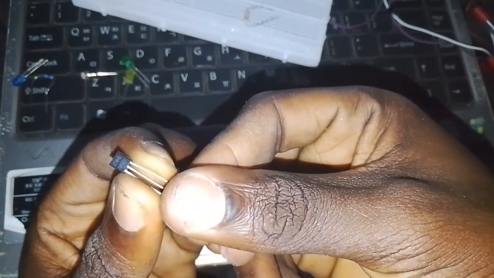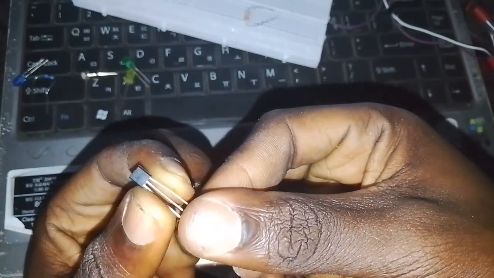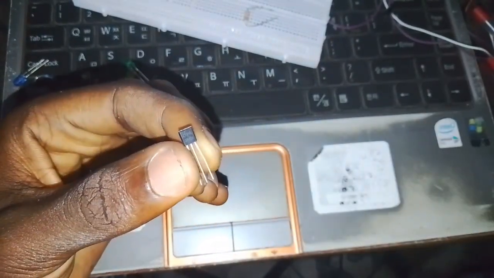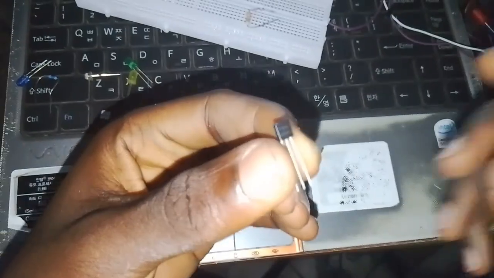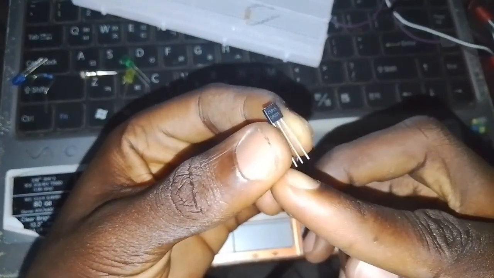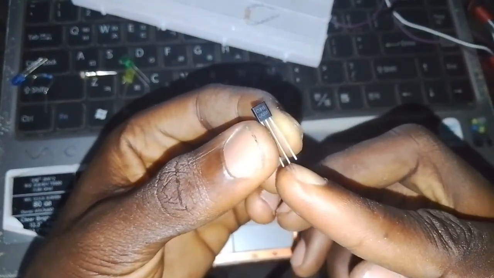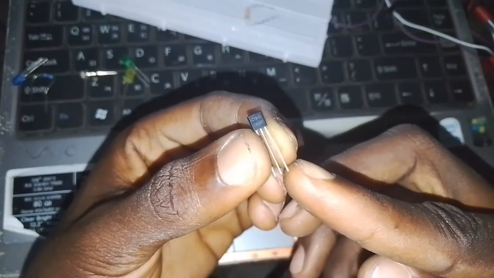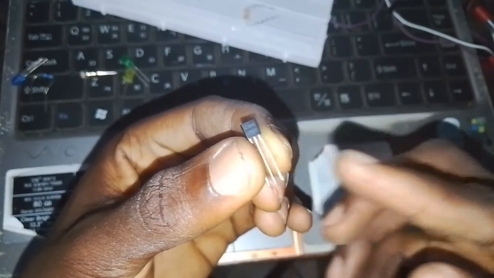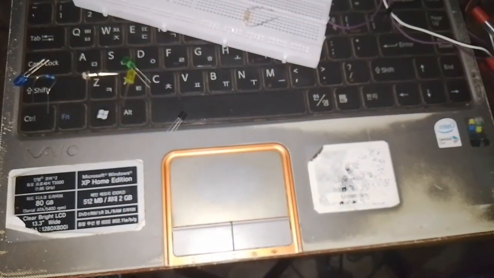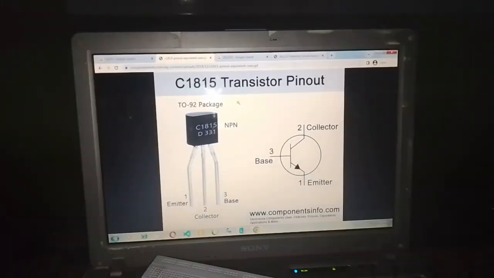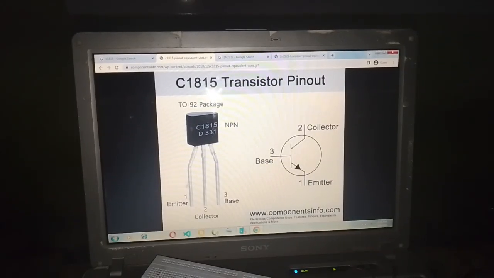If you can see it clearly, on this flat side we can identify that pin 1 is the emitter, pin 2 is the collector, and this last pin is the base, just as it is in our pinout diagram on the internet.